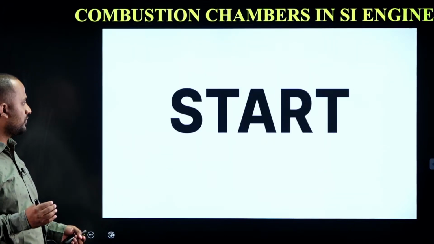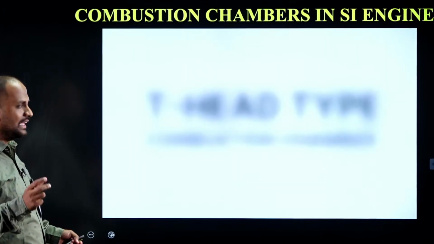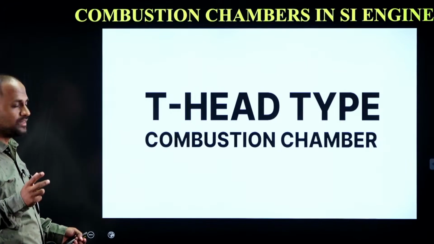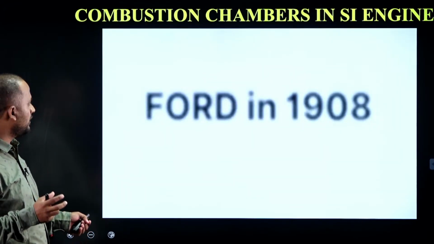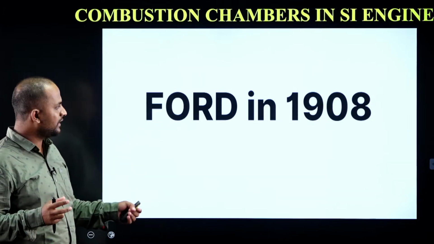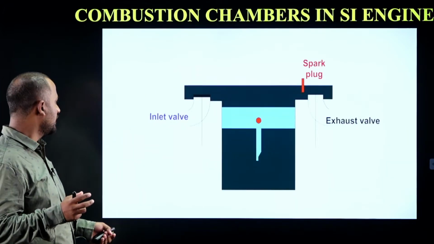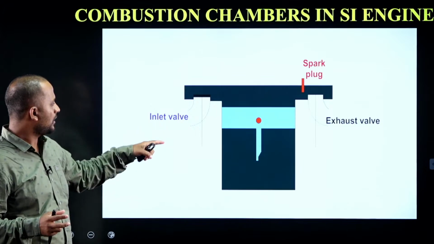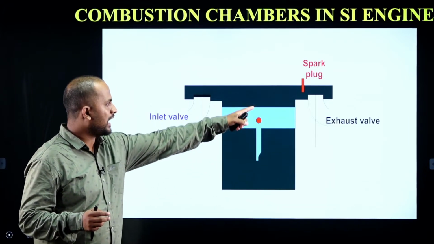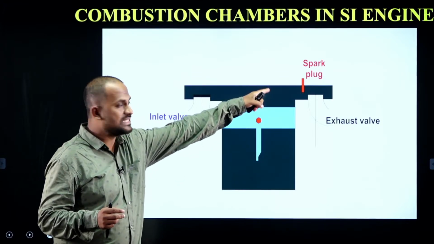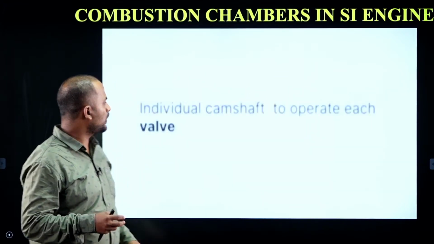Now let us start with the first one, that is the T-head type combustion chamber. This T-head type combustion chamber was found by Ford in the year 1908. In this combustion chamber, there are two valves opposite to each other, inlet valve and exhaust valve, and the spark plug is placed on the cylinder head, at one corner.